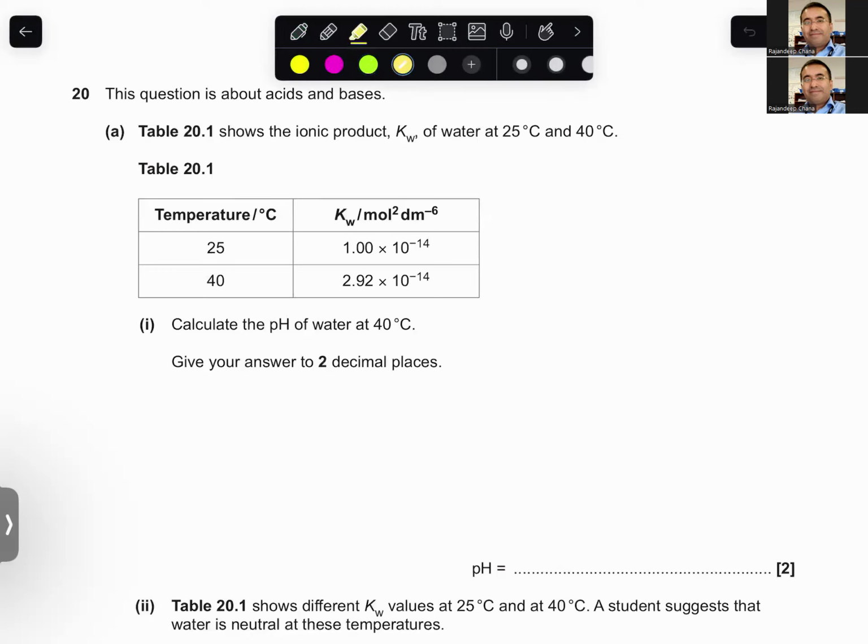So at 40 degrees Celsius, now you see the expression of Kw is as follows. Kw is equal to the concentration of H plus ions multiplied by the concentration of the OH minus ions.